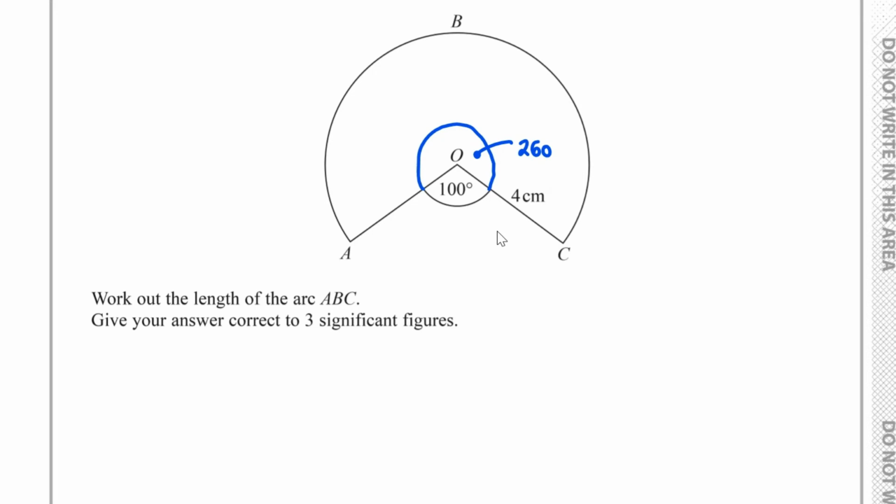So the arc length is equal to 260 over 360 multiplied by 2 pi r. So we've got 2 times pi times 4. So this is what the arc length is.